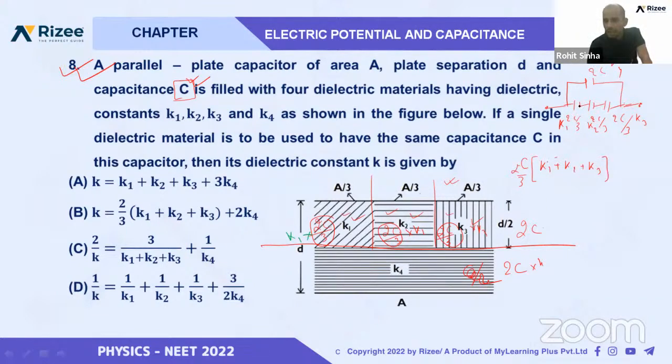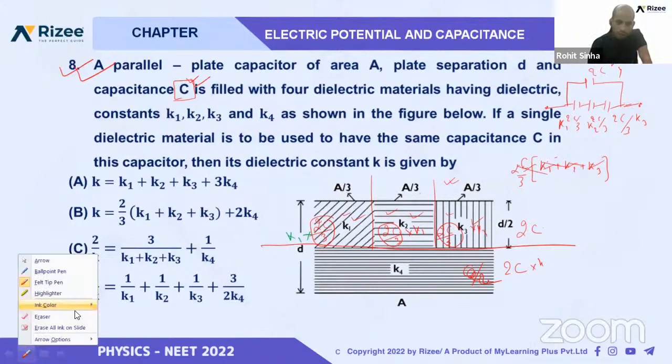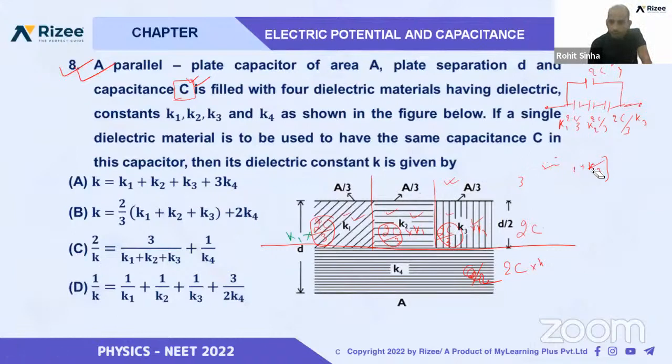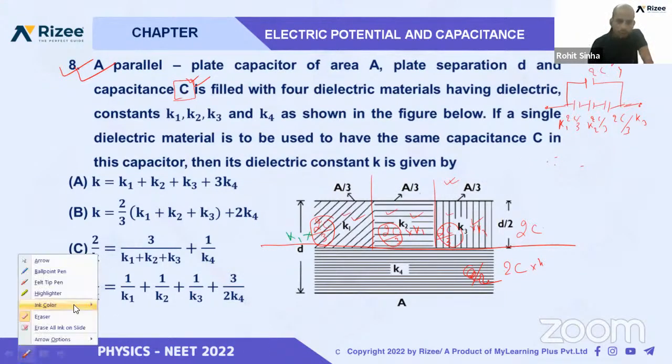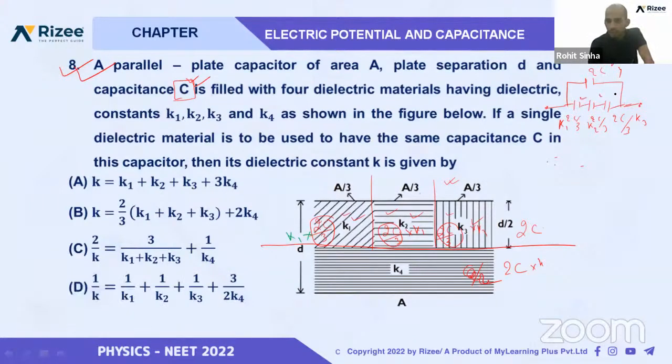We are adding. Series combination, na. These three are in a series combination, this one, this one, this one. What will we do for a series combination? We know their equivalent, 1 by C equivalent, will be the reciprocal of this.